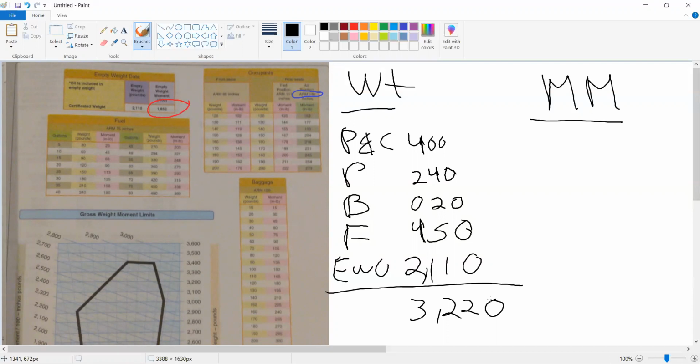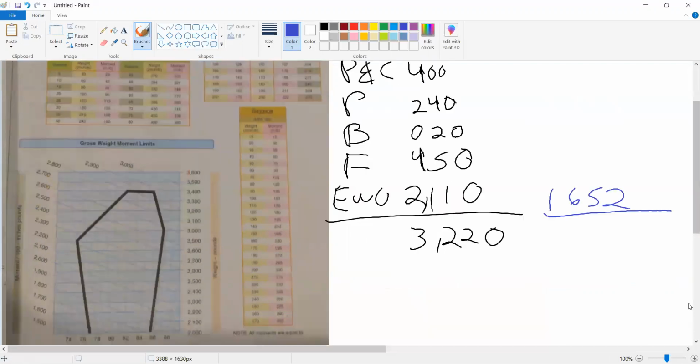Let's get the moments. The moment for this one is going to be 1,652. All right, and let's try the fuel now. The fuel is 450. It is not given there, so we have to do our math for the fuel.